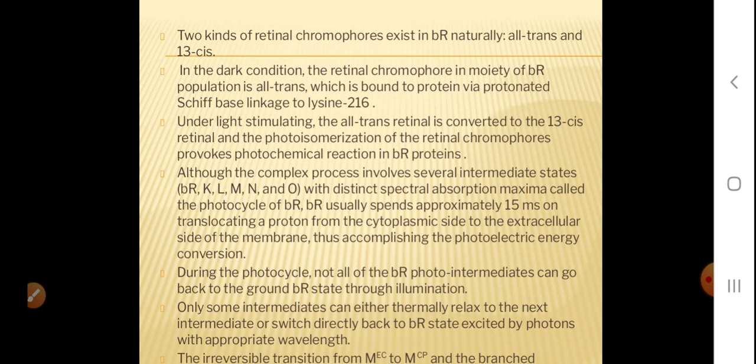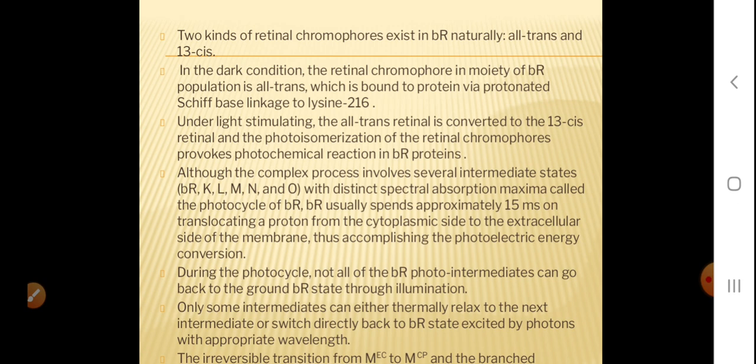These two are the major factors of interest in our photocycle: the branched photocycle, and the production of certain intermediates which are irreversible stages. These two are the characteristic features of the photocycle.